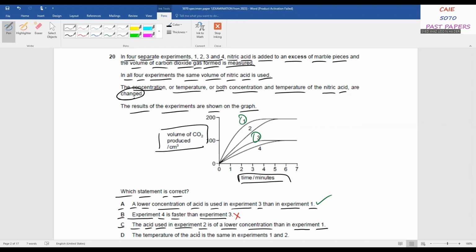So this one is also wrong, because they are saying concentration or temperature both can be changed. This looks like the change in size of the particles or change in temperature, because both the experiment 1 and 2 are ending with same uniform line. You see the same uniform line. So this statement is also incorrect.